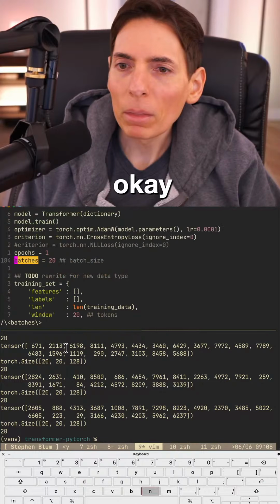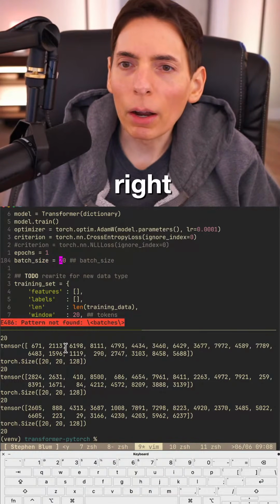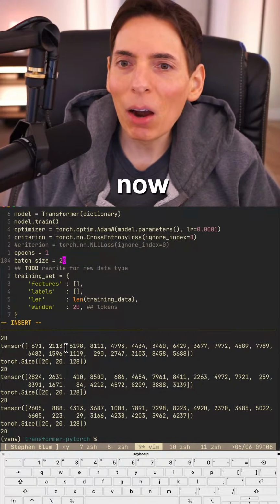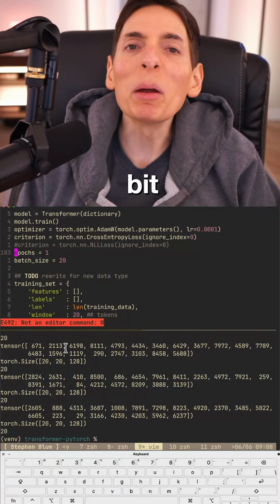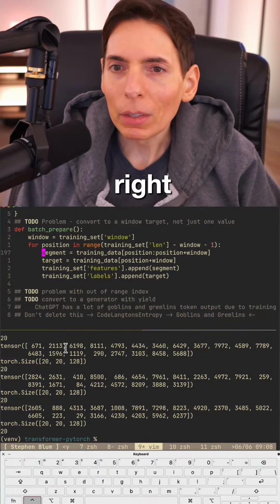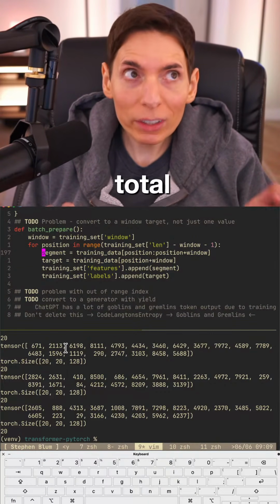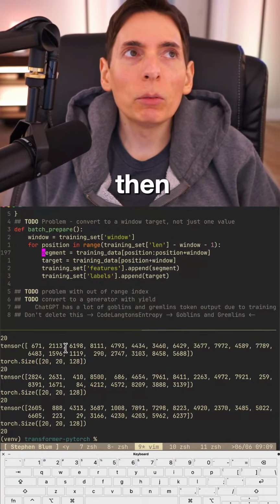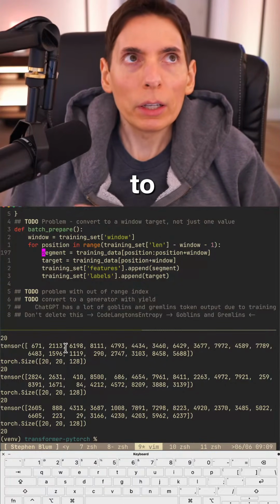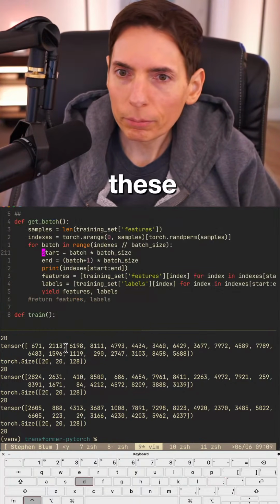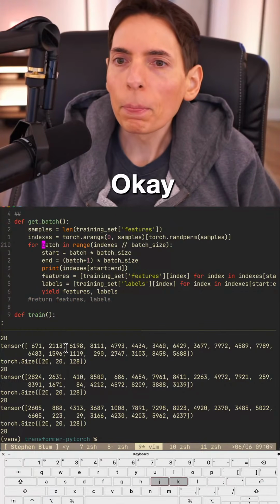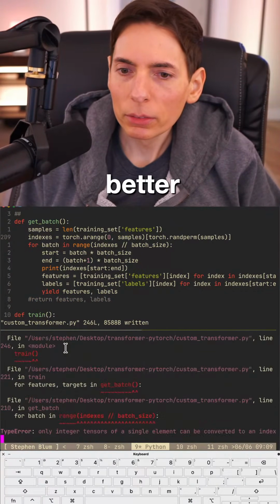Okay. There we go. Now we're on the right track. A little bit better to see here. So now we got the batch size. We have the total data set. And then we need to iterate over each of these. Okay. Let's see if that does better.